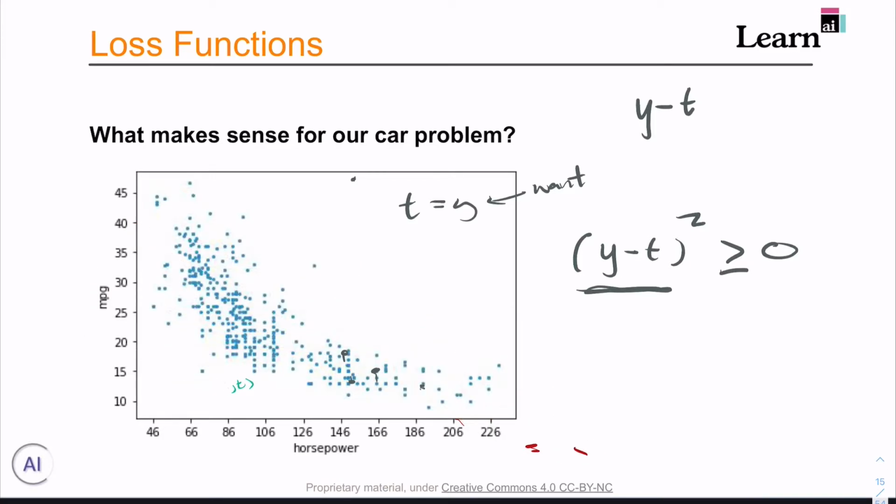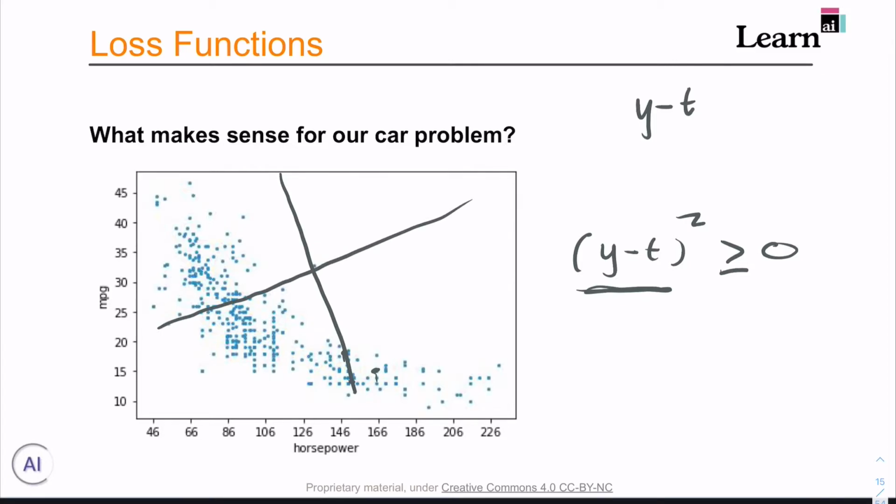If we want to compare lines, say we only compared using loss, given a single point, both of these lines would be equal if we're only considering this point. If we're only considering loss at that 1 point, both of those lines would be equal.